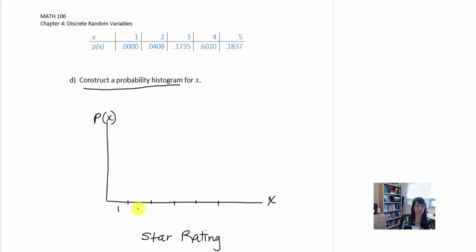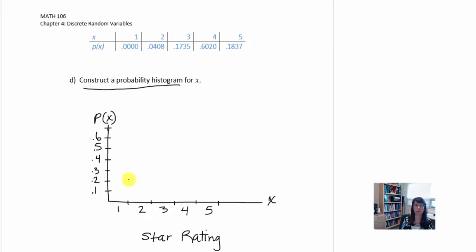So I'll label 1 through 5, and then we'll look at the probabilities range from 0 to the highest probability, which is 0.6020. So we need to make sure the scale we're using for probability can go that high. So each marking on the vertical axis will be worth a probability of 0.1.